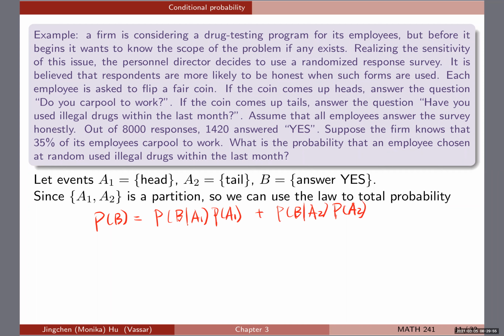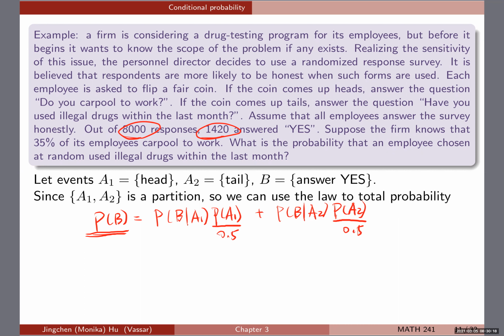Of course, in this case we're not trying to get P(B), we know P(B), which is 1,420 divided by 8,000. And we also know P(A1) and P(A2), because it's a fair coin, so each of these is 0.5.